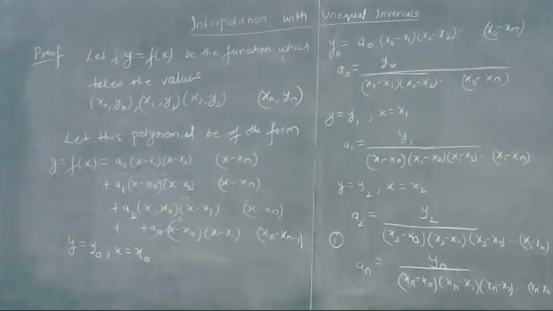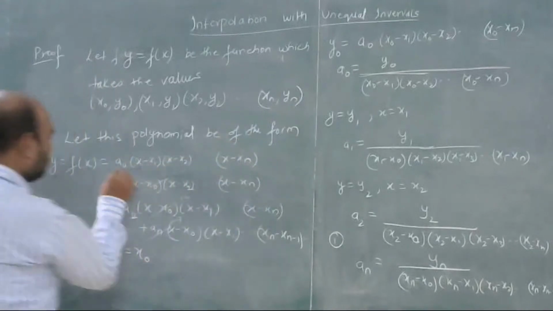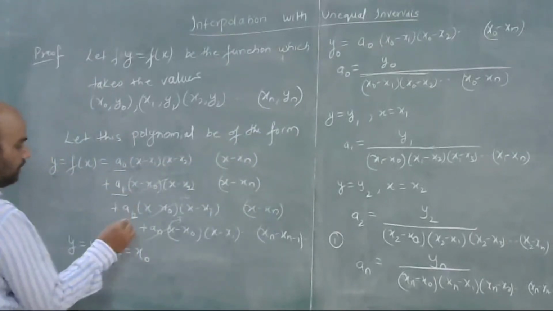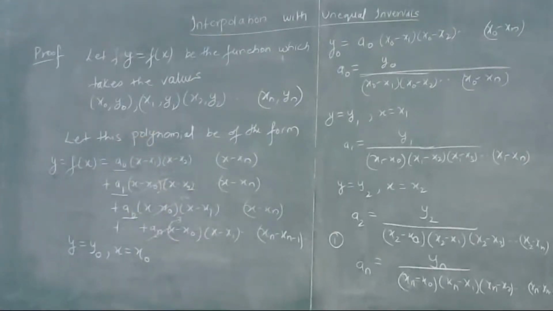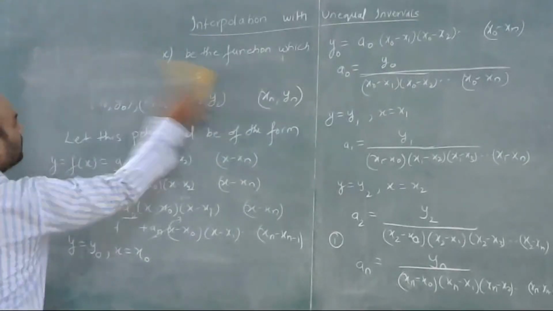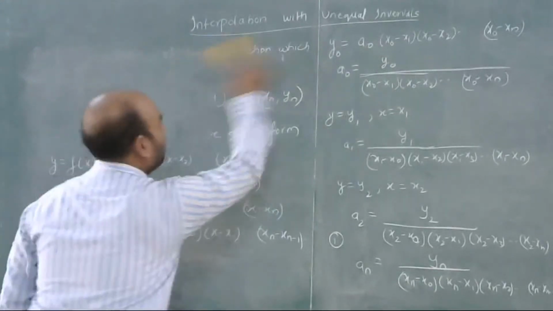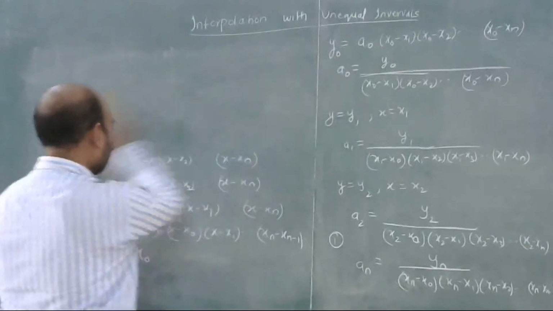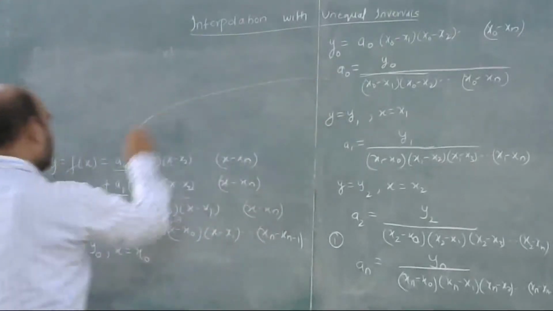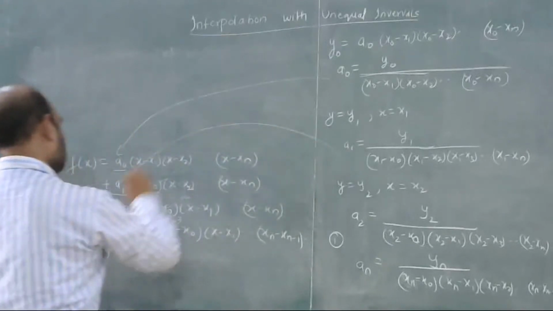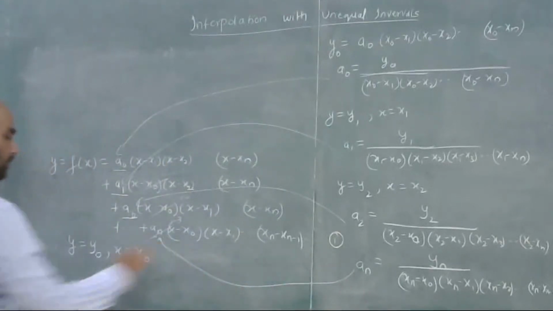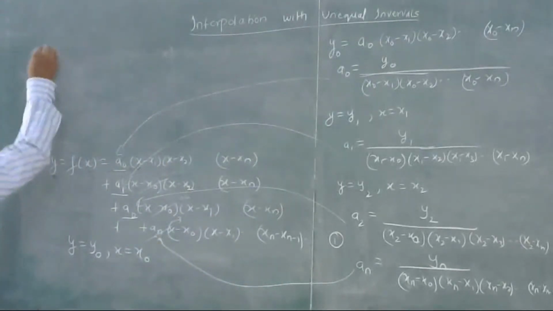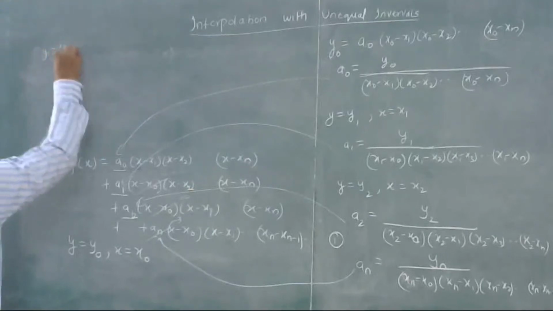Okay. Now substitute the values of a0, a1, a2 and an here. You will get the Lagrange's formula. Okay. So we are substituting the values of a0, a1, then a2 and an. Okay. So what we will get? So y is equal to f of x. Okay.